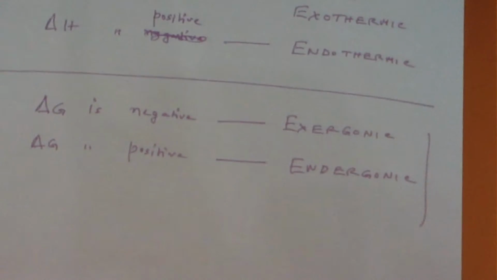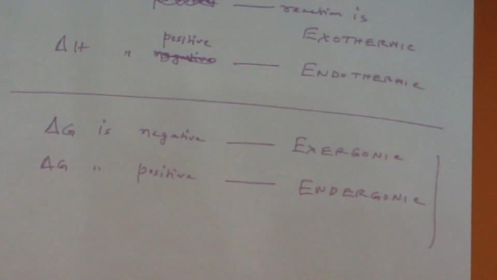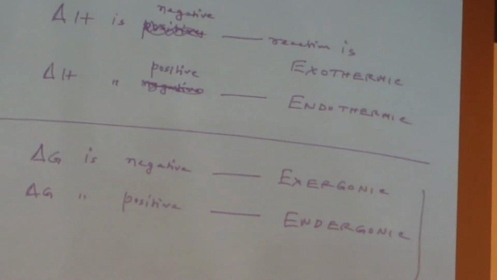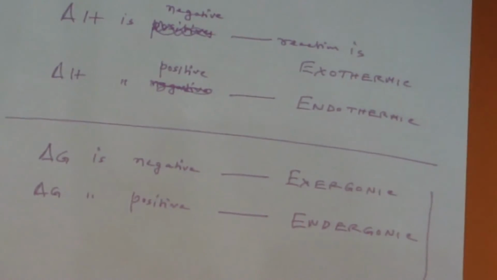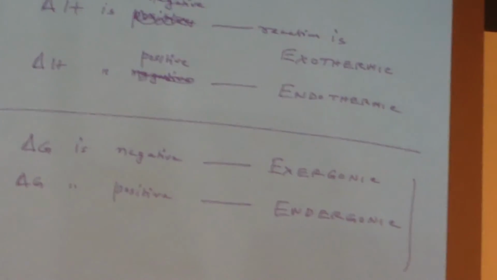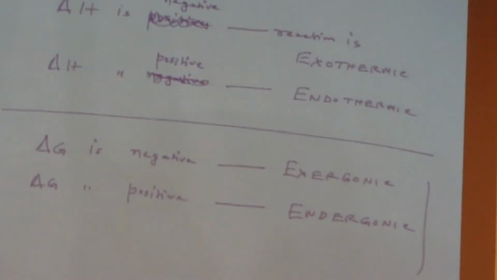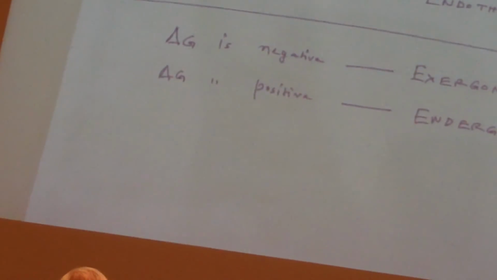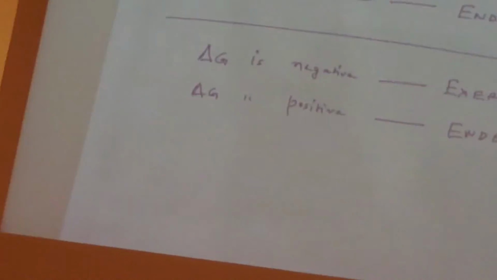Did you understand what I was talking about? Yeah. Okay, that means it is a term given just like exothermic and endothermic. Exergonic is a favorable reaction. And endergonic actually needs energy to be provided to the system in order to carry out the reaction.